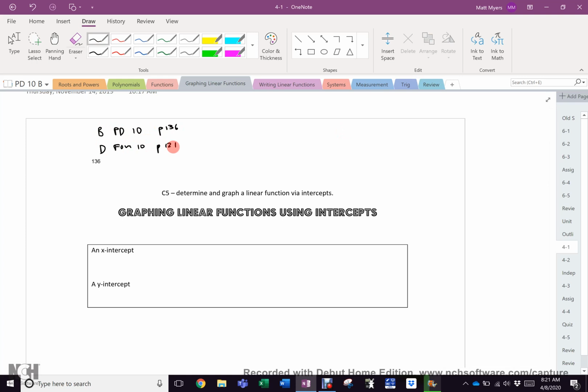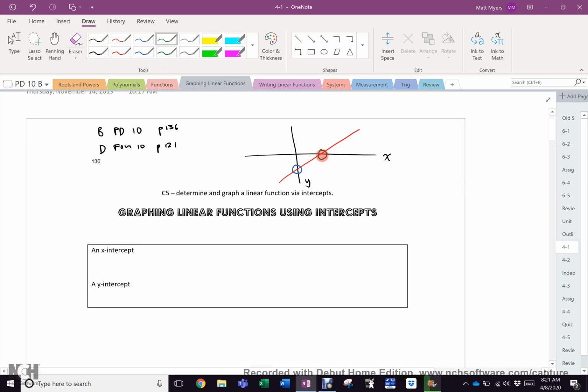Okay. So let's open with putting a line on this graph. You can see that that red line hits the y-axis right there, hits the x-axis right there.